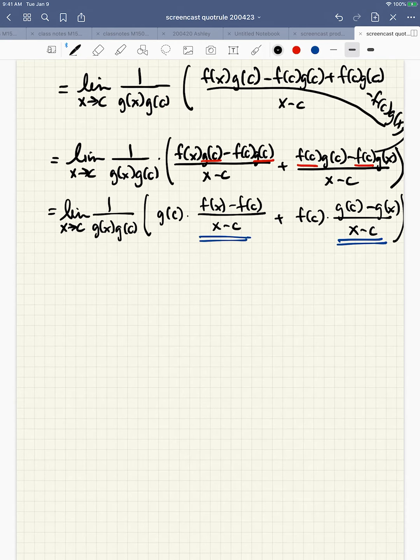So the limit of this whole expression, I can write that as the limit as x goes to c of 1 over g of x, g of c, times the limit of the things in the parentheses. And in the parentheses, I've got a sum, so I can write this as the sum of these limits.